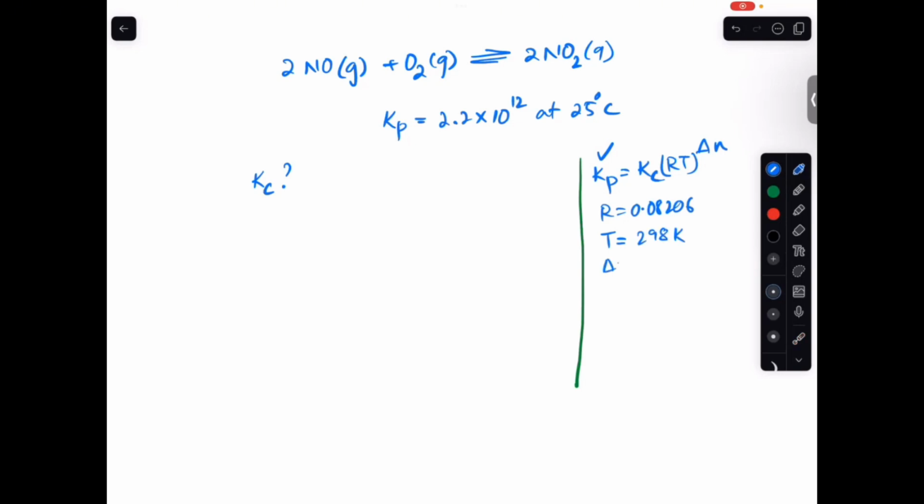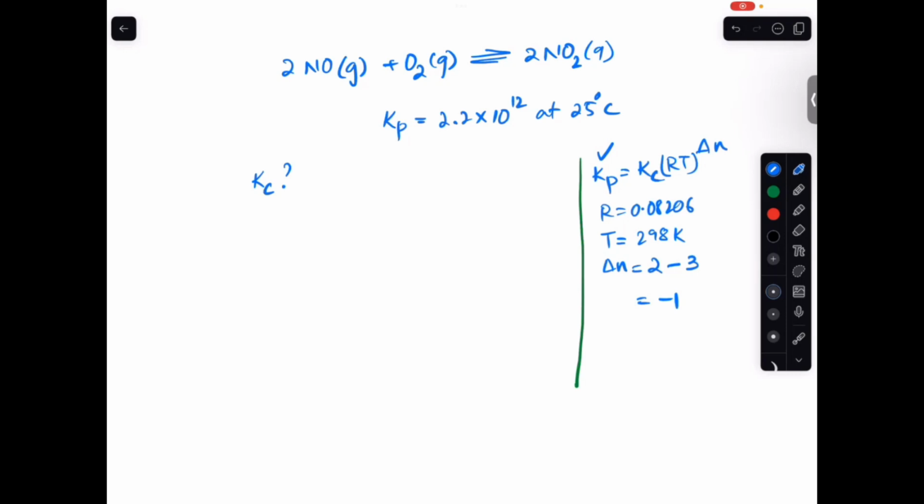And then delta N, we need to figure out from this equation. So delta N is the total number of moles of products minus the number of moles of reactants. So that's going to be 2 moles of products, see, the coefficient 2, minus the number of moles of reactants, which is 2 and 1. So that's minus 3. So that's negative 1.